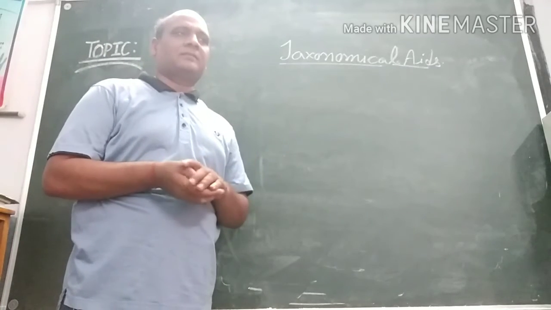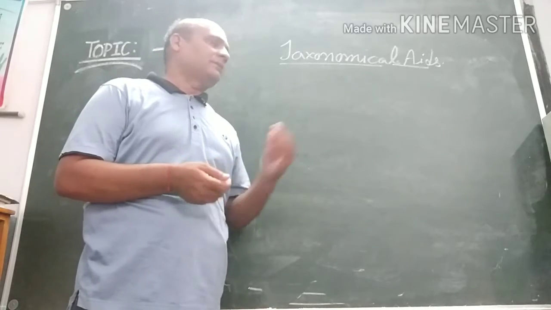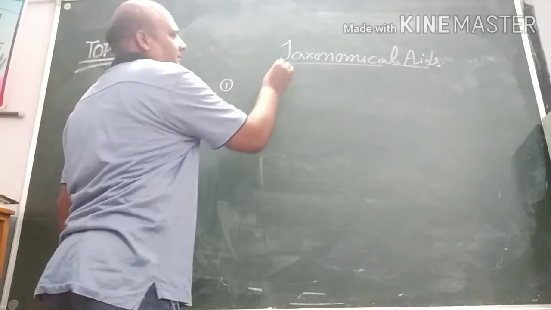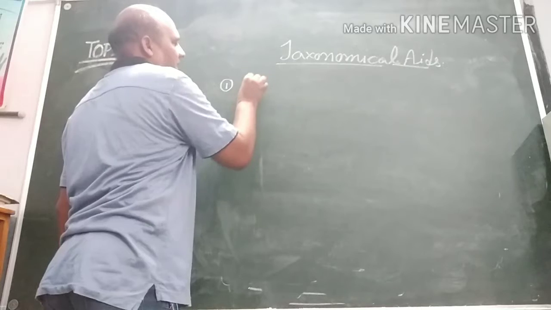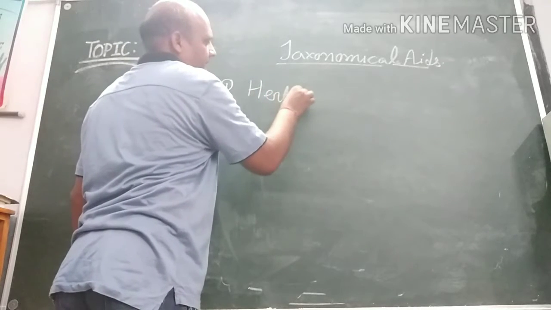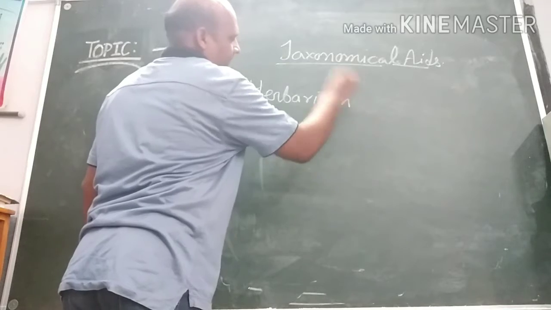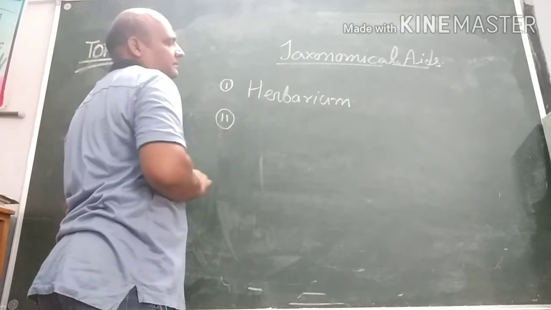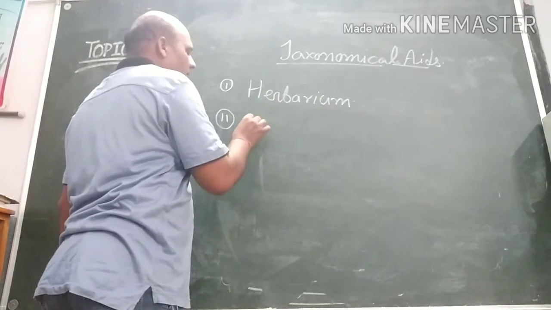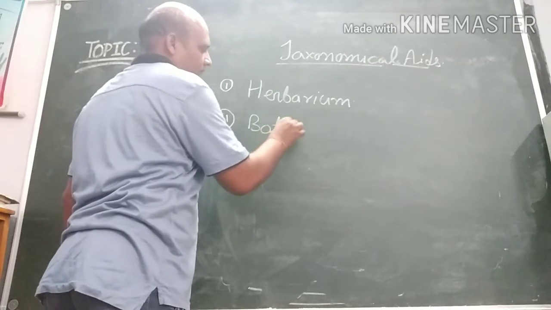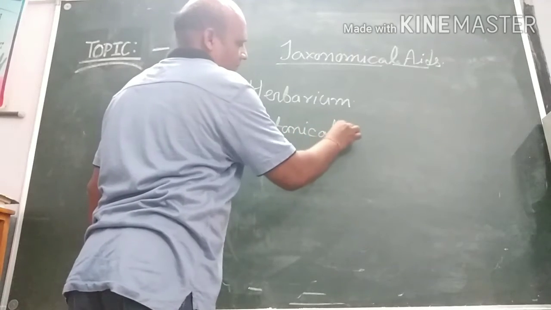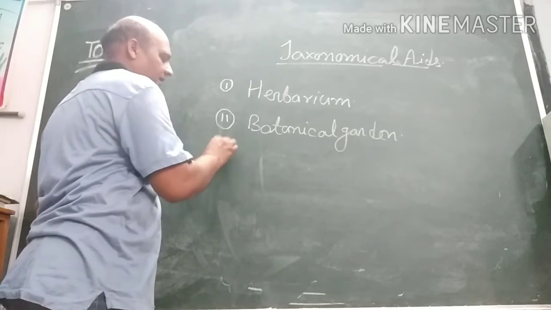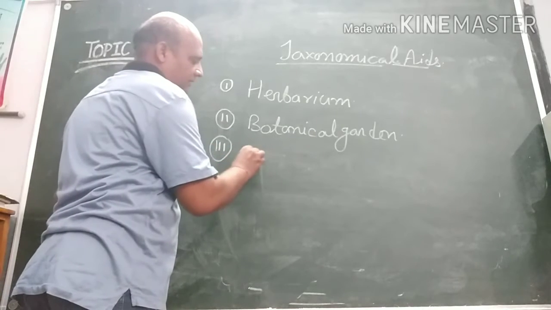Various taxonomical aids are found, which are as: number one, herbarium. Second is botanical garden. Third is zoological park.